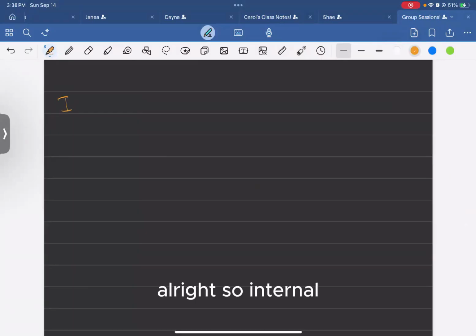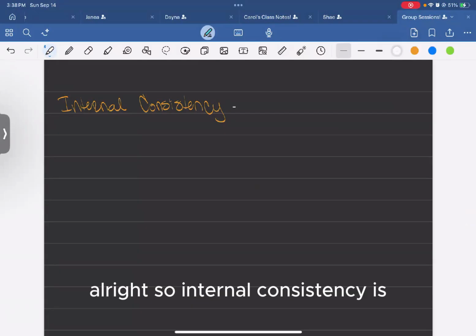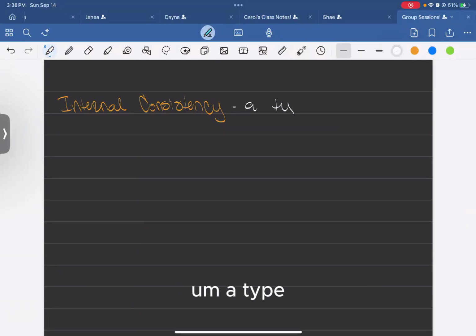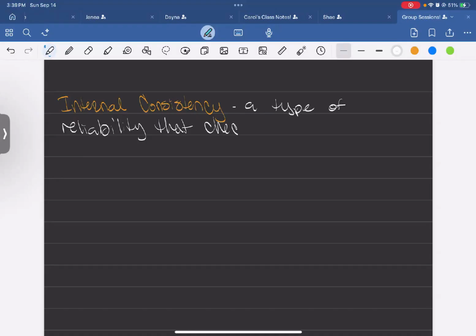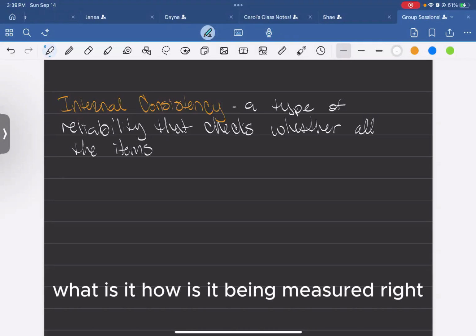All right, so internal consistency is a type of reliability that checks whether all the items, and the items is like, how is it being measured, right?